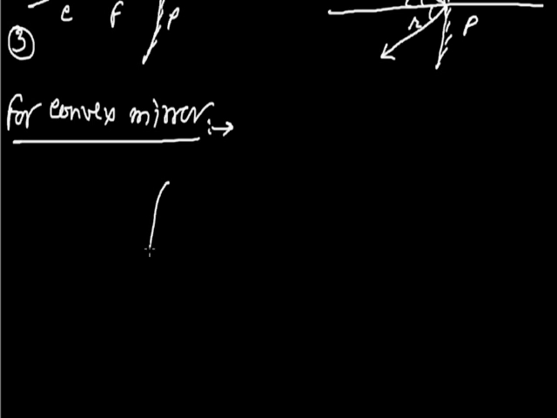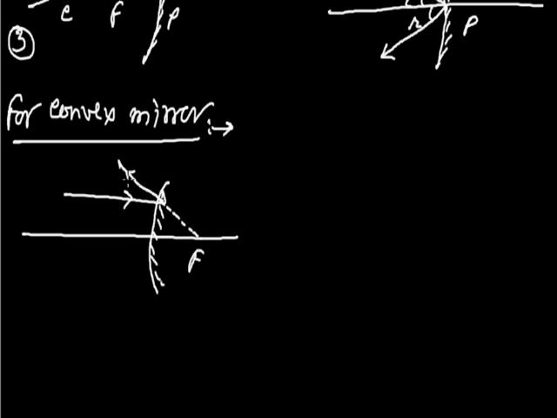This one is convex mirror. A ray parallel to principal axis, it will diverge in the extended backward direction and appears to meet at this focus point, appears to diverge from this point, reflecting this direction. This is first ray, here will be C.